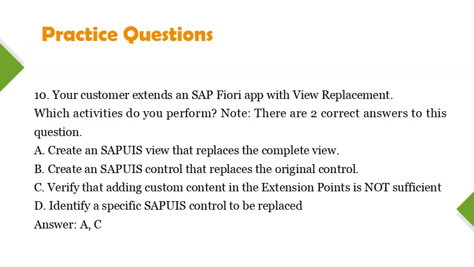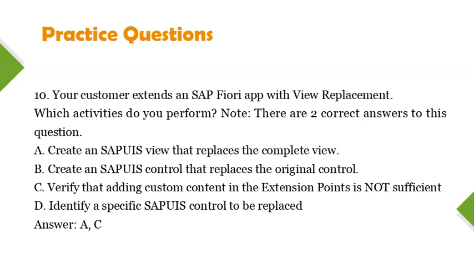10. Your customer extends an SAP Fiori app with view replacement. Which activities do you perform? Note: there are two correct answers to this question. A. Create an SAP UI5 view that replaces the complete view.